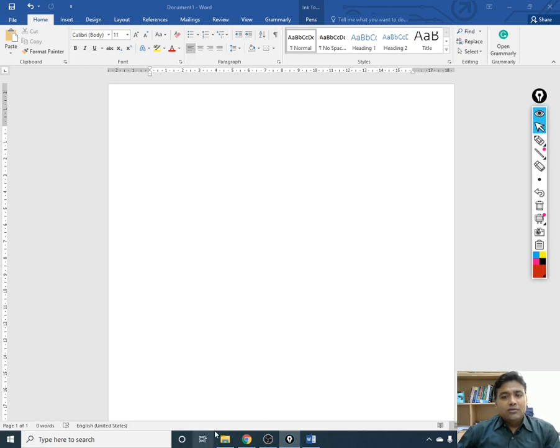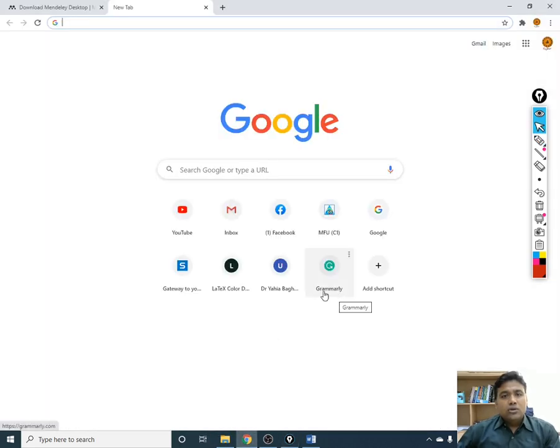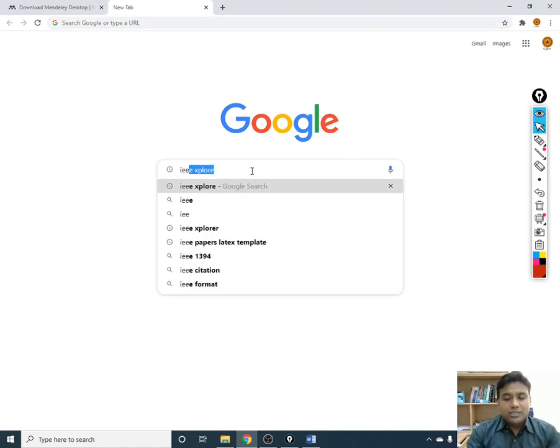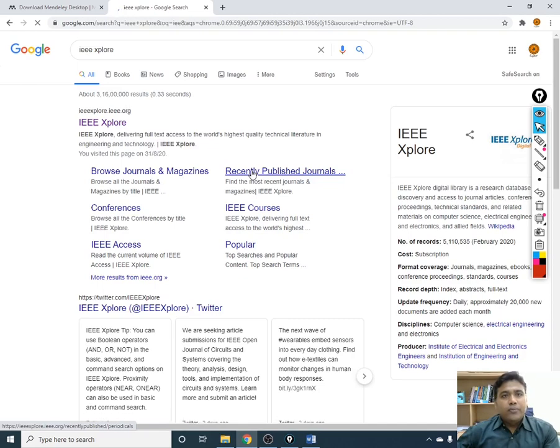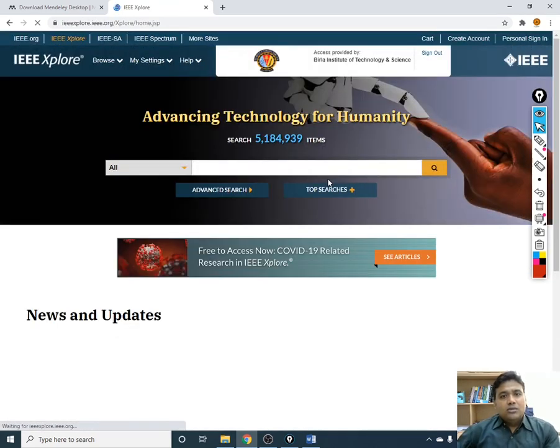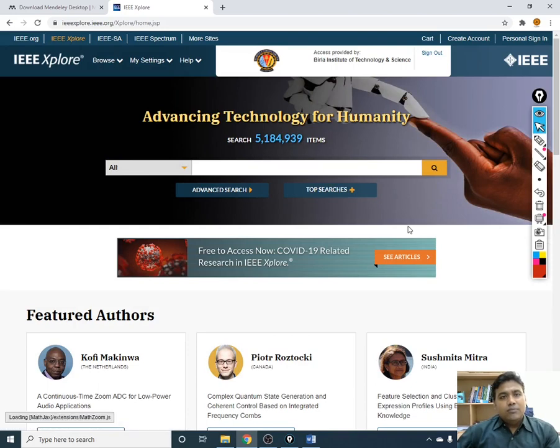So let us first go to Google Chrome and type there IEEE Xplore. Let us open that. This is the page that opens when you want to search for any topic. Suppose you want to search for a topic on transformers as your research.